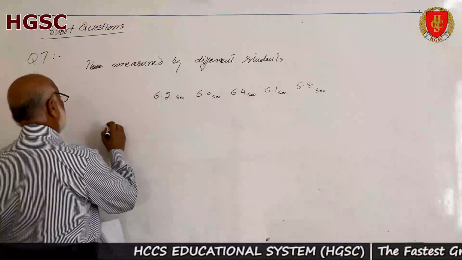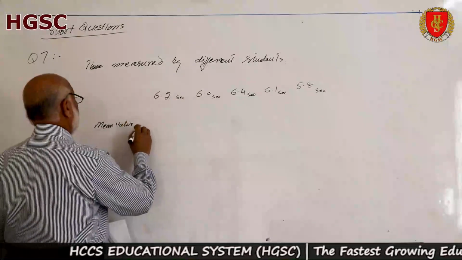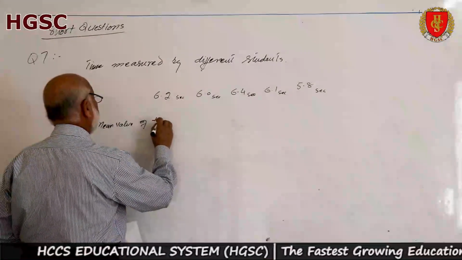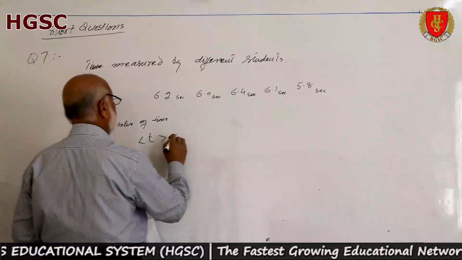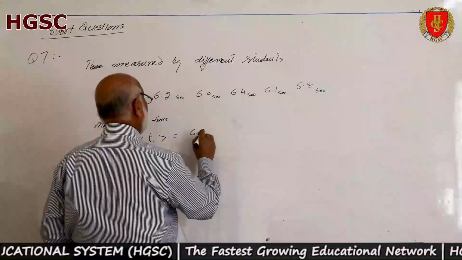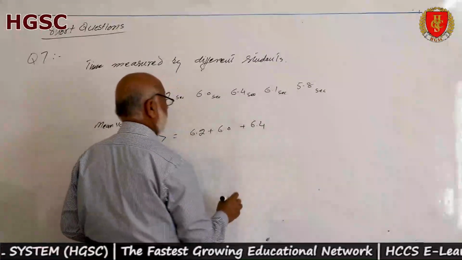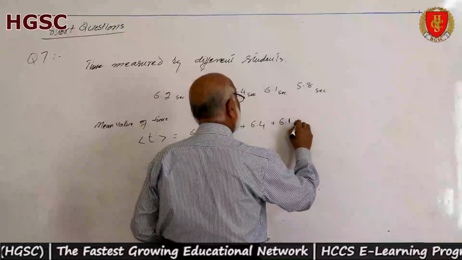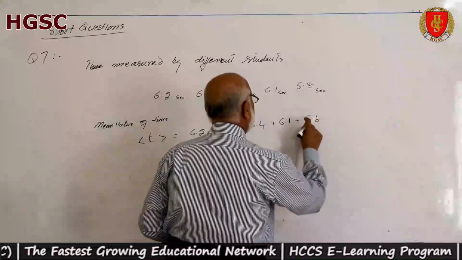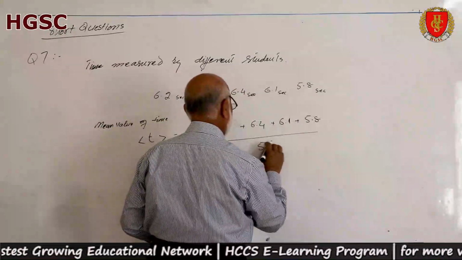First of all, we take the mean value of time. So T average is 6.2, 6.0, 6.4, 6.1, 5.8 divided by 5.